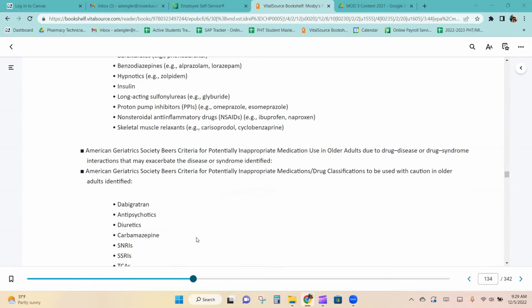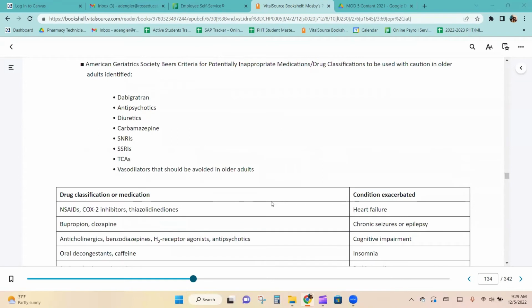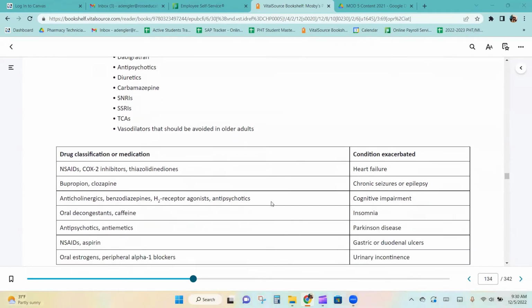And the American Geriatrics Society Beers criteria for potentially inappropriate medication use in older adults due to drug-disease or drug-syndrome interactions that may exacerbate the disease or syndrome identified. The American Geriatrics Society Beers criteria for potentially inappropriate medications, drug classifications to be used with caution in older adults identified: dabigatran, antipsychotics, diuretics, carbamazepine, SNRIs, SSRIs, TCAs, and vasodilators that should be avoided in older adults.